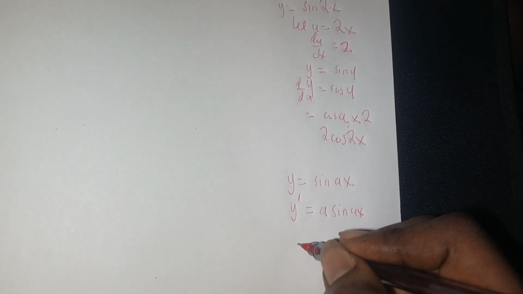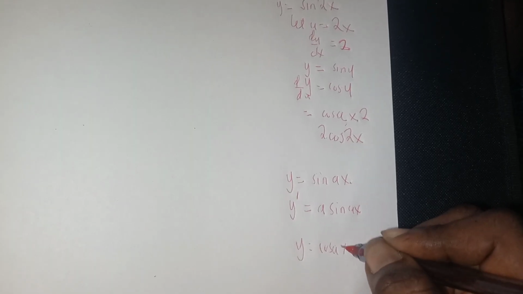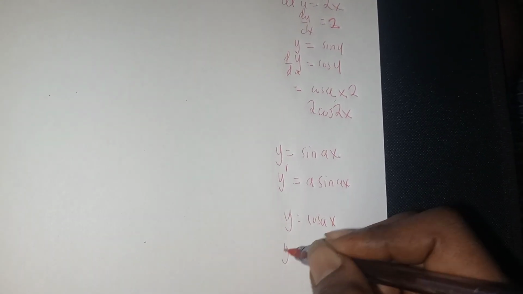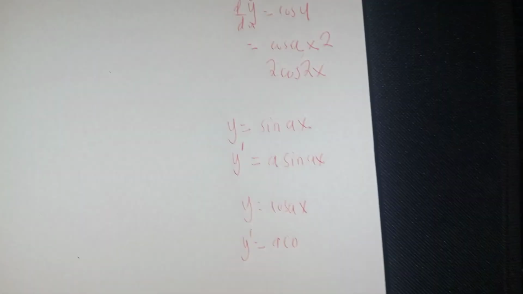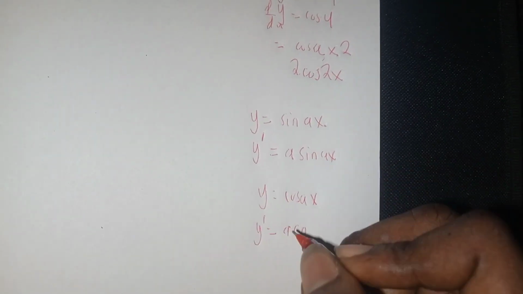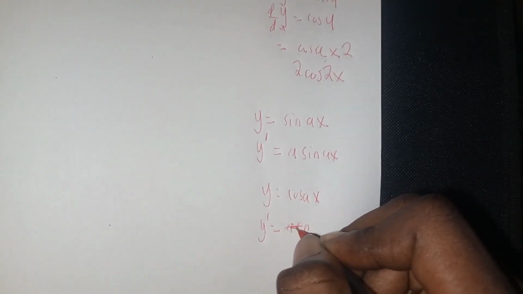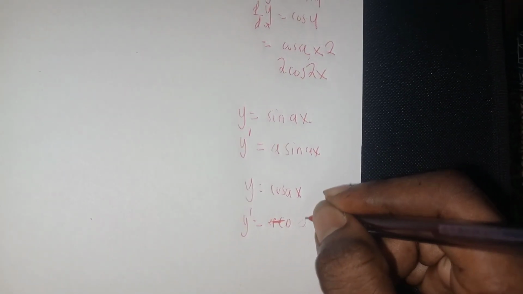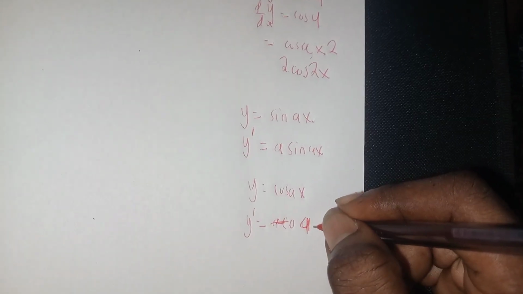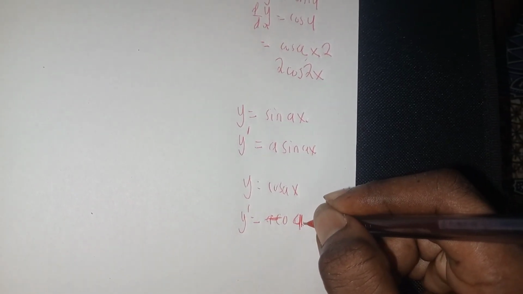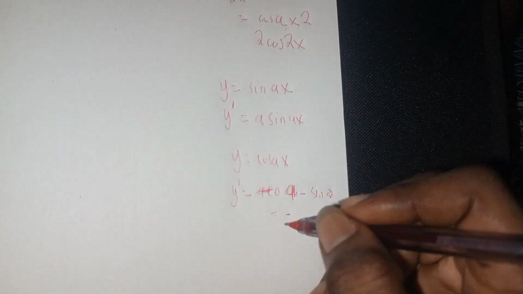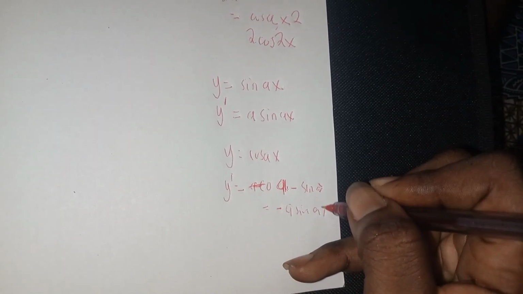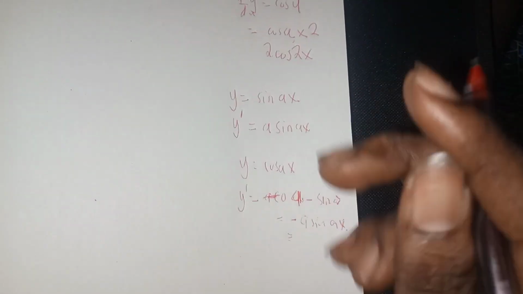So if you have y is equal to cos ax, the derivative is going to be a, note that over here, if you differentiate cos, that's negative sine. So that's going to be a multiplying negative sine ax. So that's negative a sine ax. So we just have to know the trend.